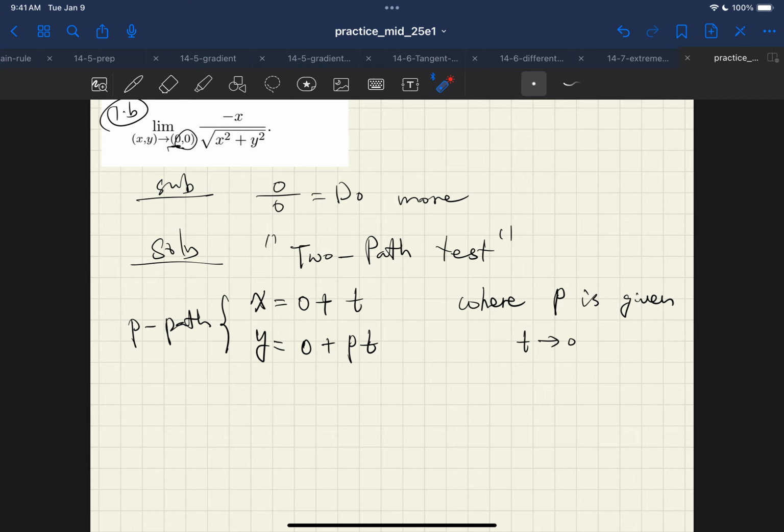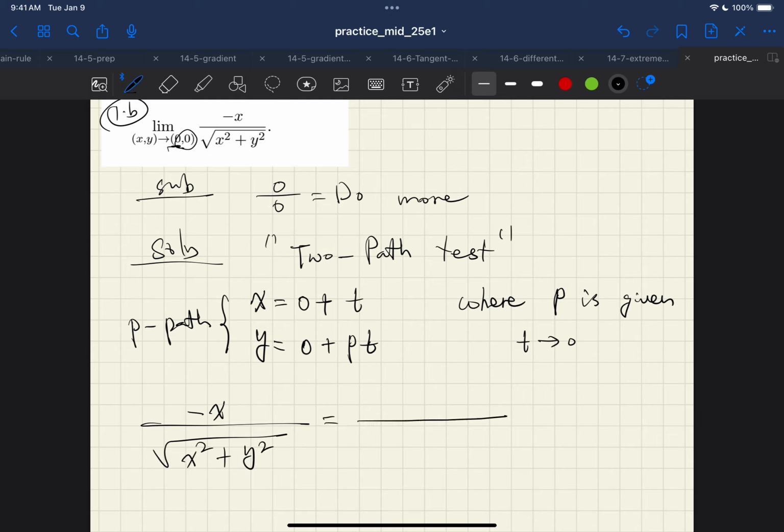Now under this setup, along this curve, I want to look at the function itself, which is negative t over the square root of t squared plus p squared t squared.